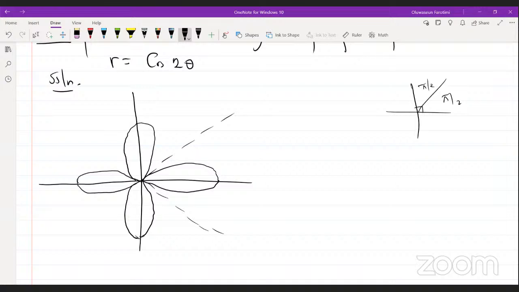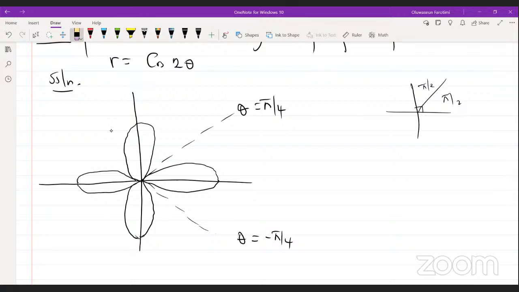Remember that when we're moving counterclockwise, the angle is positive. That means this is theta equals pi over 4. But when we move clockwise, the angle is negative, so this is theta equals negative pi over 4.